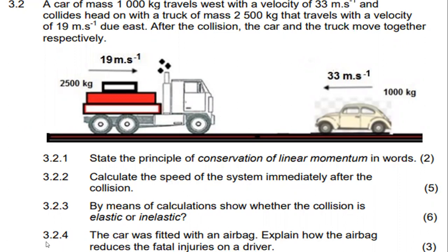Now, if we want the speed of the system immediately after the collision, then we must actually calculate the velocity, right? Because we are going to use the principle of conservation of linear momentum, and you know that to be the velocity in that particular formula.